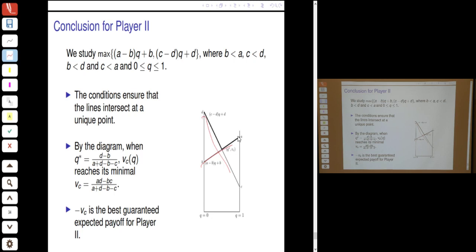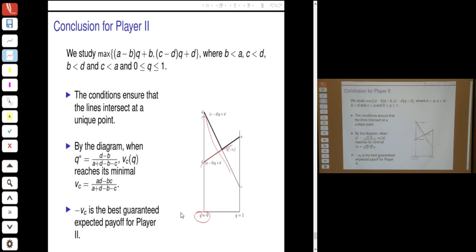Here the parameter is Q. So for Q equal to 0, the decreasing straight line is above the increasing straight line due to the no saddle point condition, and by the time Q has increased to 1, the increasing straight line has beaten the decreasing straight line and they have switched positions.